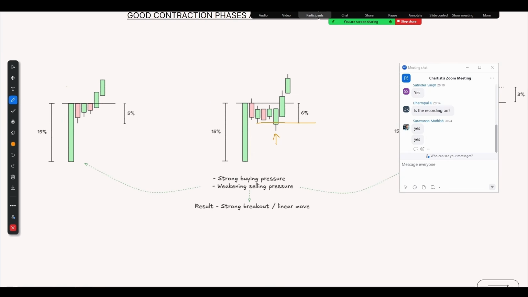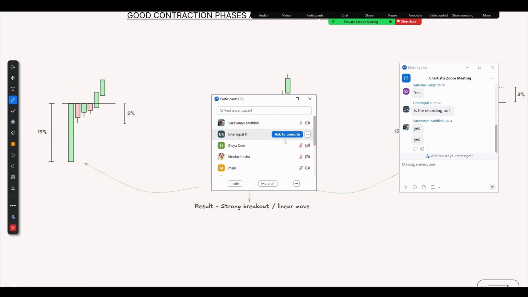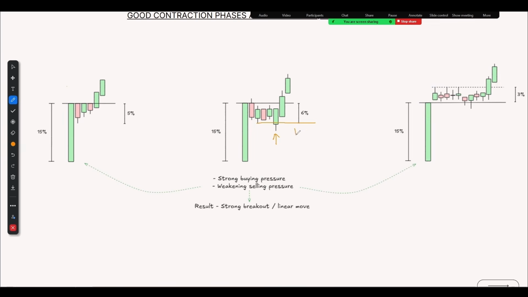Okay, sir, so let me unmute you again. Oh, you are already unmuted. So, sir, you can go ahead and answer this question. What does this contraction structure tell us? What does this candle tell us? This one.